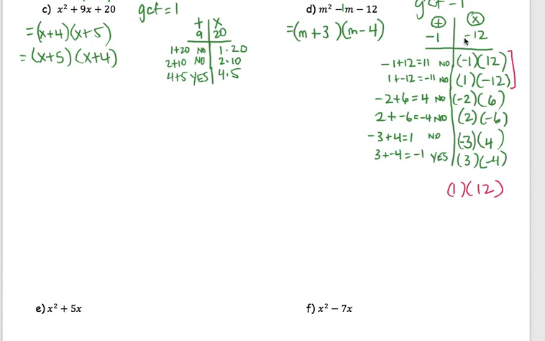Don't worry about the negative right now. All I want you to do is think in your head, if I add them or if I subtract them. So even if it bugs you to subtract it that way, you can go, 12 minus 1. When you do that, you get an 11, and then this one you get a 13.